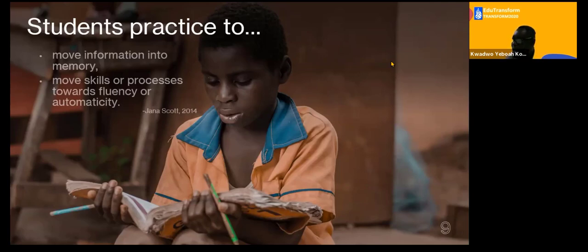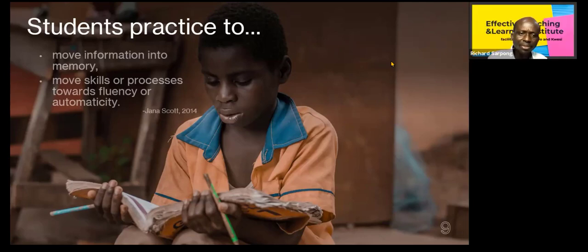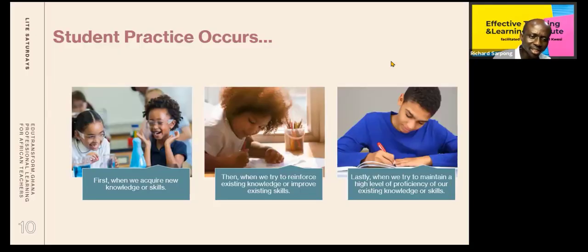Now, where does practice occur in all this discussion that we're doing? Okay, so based on what I just shared, whenever a student acquires a new skill through instruction, a new knowledge, or develops conceptual understanding through the instruction that a teacher just gave, there is a need for practice.